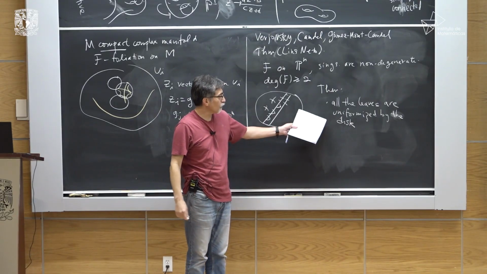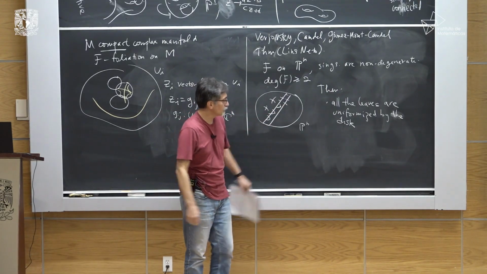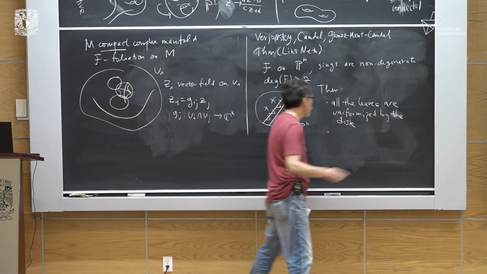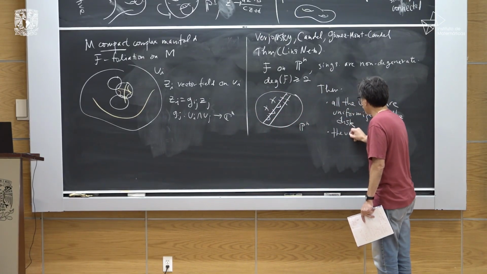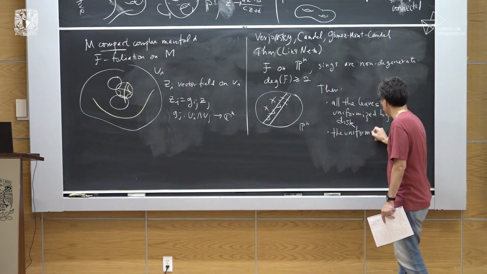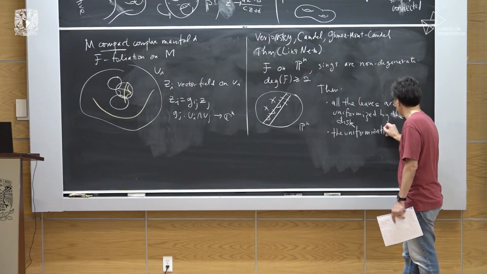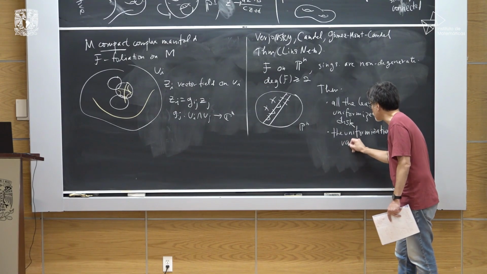So all the leaves are uniformized by the disk under this assumption. And also the uniformizations vary continuously.